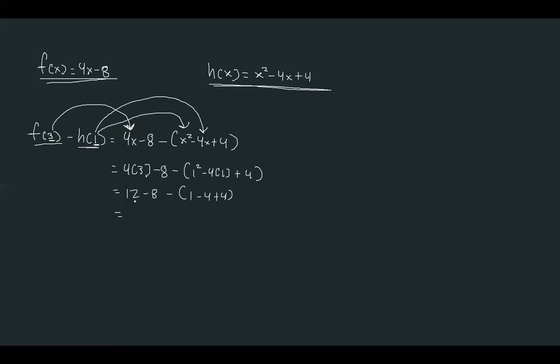So in this case, 12 minus 8 is 4, minus the quantity 1 minus 4 plus 4, which is equal to 1. So we have 4 minus 1 as a result. So this would be 3. That's the answer.